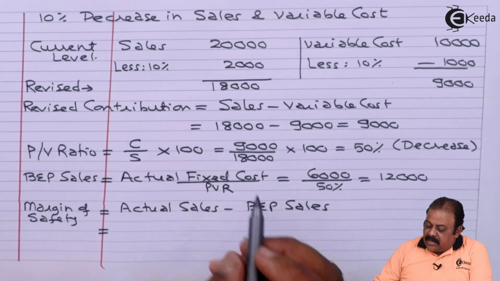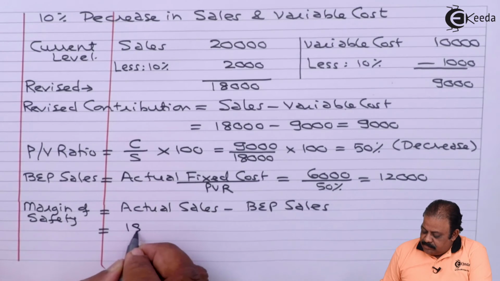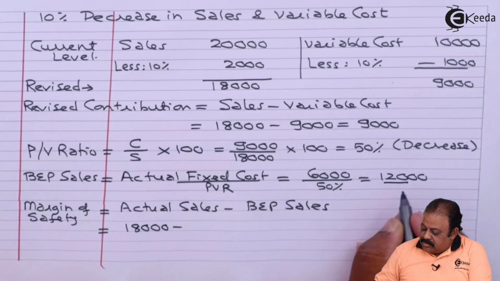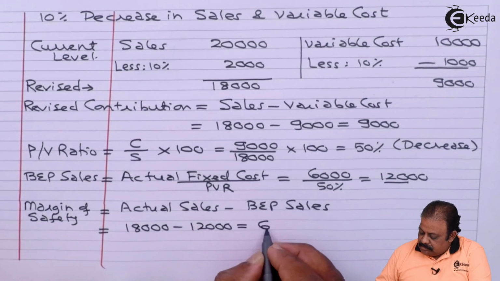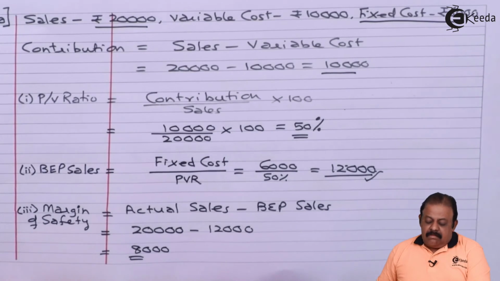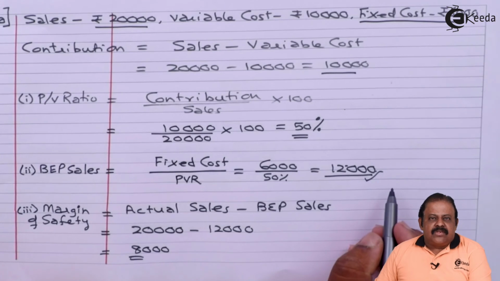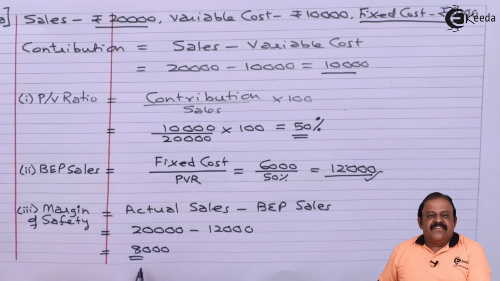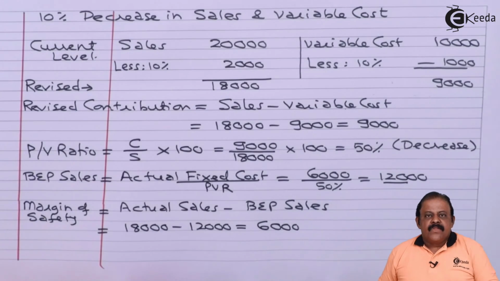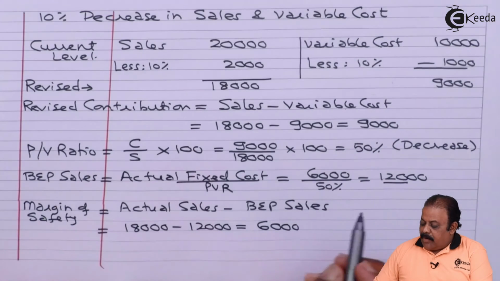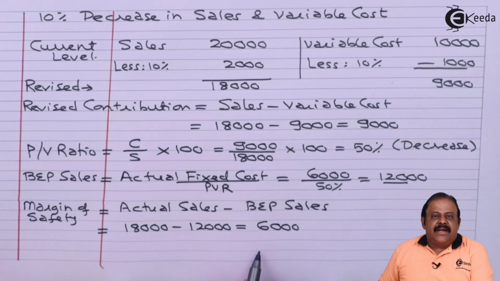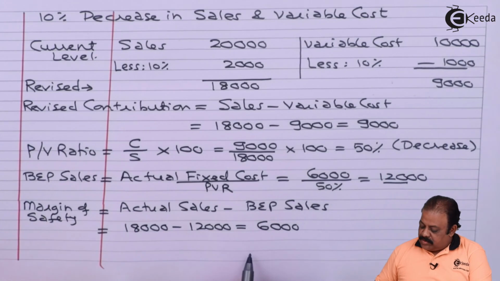Actual sales we have to take here revised, that is 18,000. Break-even point sales we have calculated now 12,000. So margin of safety is 6,000. Original break-even point sales is 12,000 and original margin of safety was 8,000. Now revised break-even point sales has remained same, that is 12,000, but margin of safety has gone down from 8,000 to 6,000.